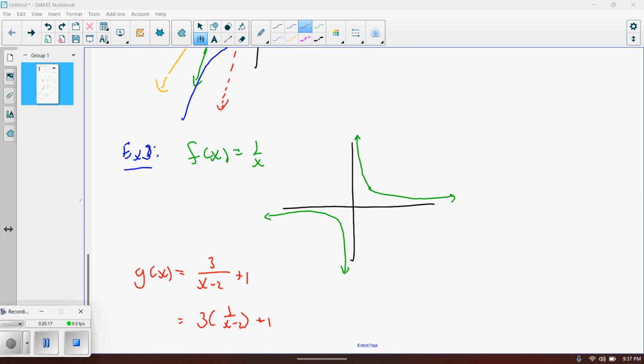So if we were going to do that, the two easiest values to do are going to be these two right here, because that's the point 1, 1 and the point -1, -1.